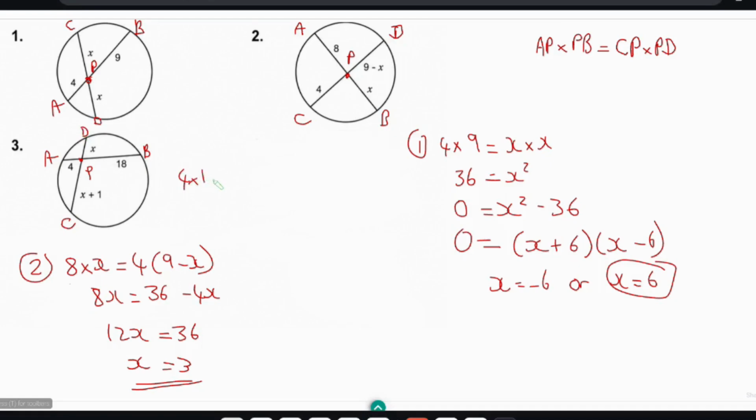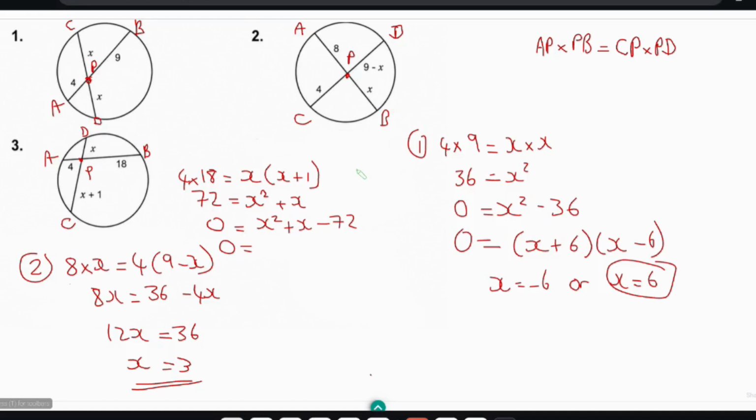4 times 18 is equal to x times x plus 1. So we have 72 is equal to x squared plus x. Let's take 72 off both sides. And let's factorise.